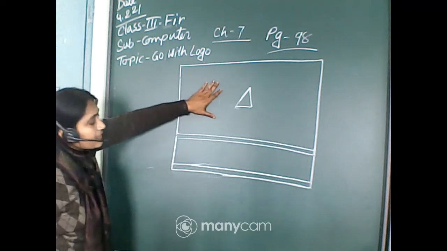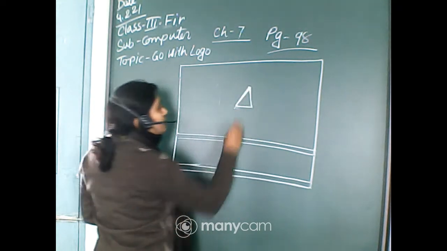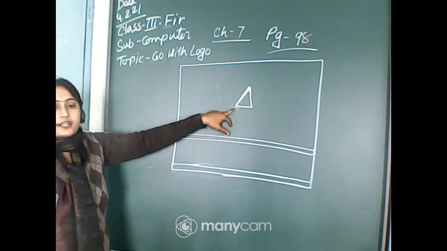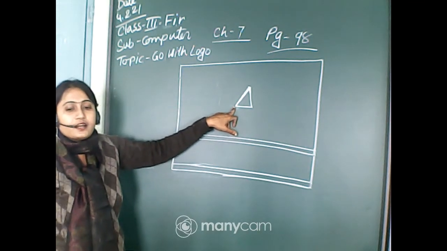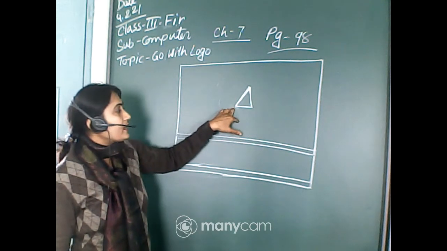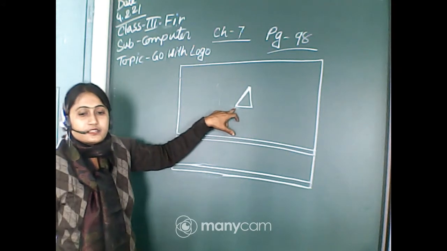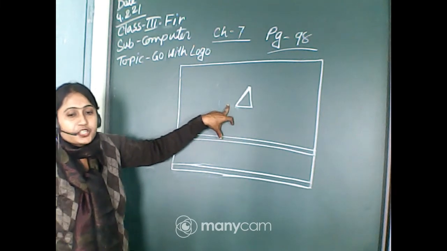In the main screen we can see a triangular shape. This one is called the turtle. When we open Logo, in the middle of the main screen we can see the turtle. This is the home position of the turtle.